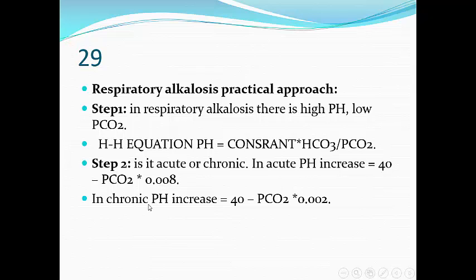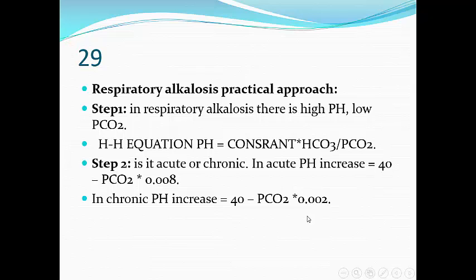But in chronic respiratory alkalosis, the body has the time to wash out bicarb through the kidney, so it will minimize the increase in pH. The expected pH in chronic respiratory alkalosis will be the change of PCO2, which is 40 minus the patient's PCO2, multiplied by a small value, which is 0.2.